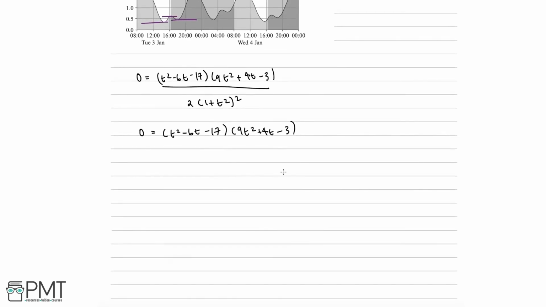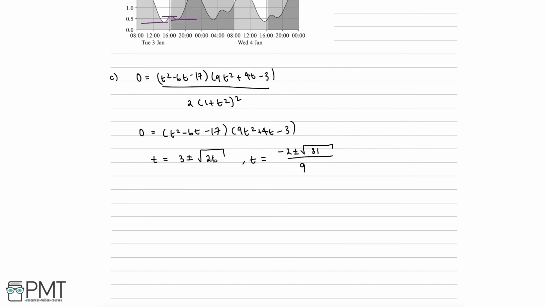In this case, I'm going to use the quadratic formula to give you the answers of t is equal to 3 plus or minus root 26 via this fraction over here, and t is equal to minus 2 plus or minus root 31 all over 9 using this fraction over here.